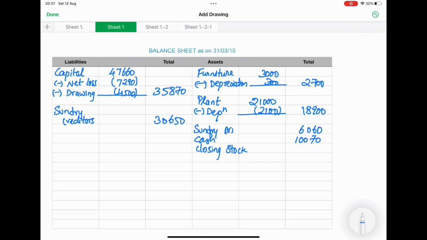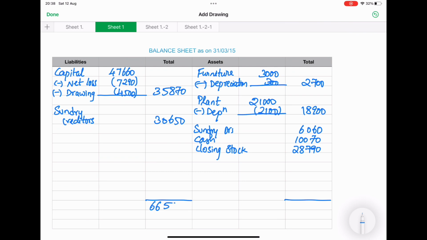Closing stock, you have to add departments A and B. Total 28,790. Add both sides, so the total should be equal. So I'll just add the liability side: 66,520.